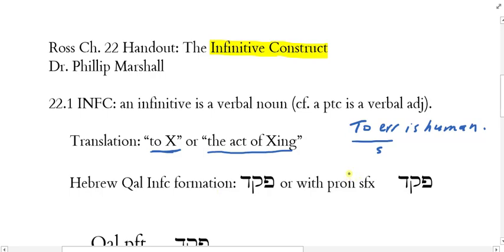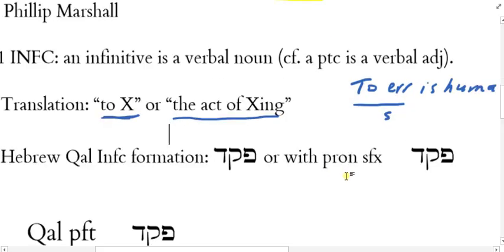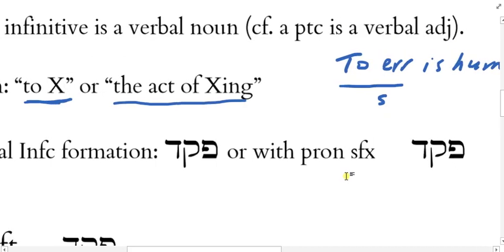Now let's talk about how you form the infinitive construct, and then we'll talk about how Hebrew uses it. First of all, I want to look at the vowel pointing here. Let's take a look.